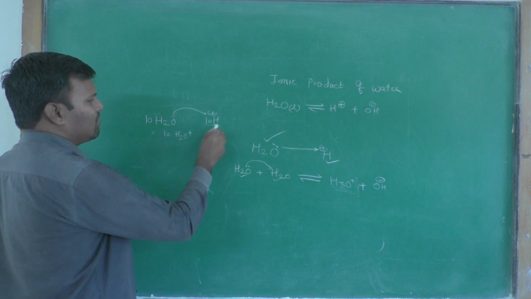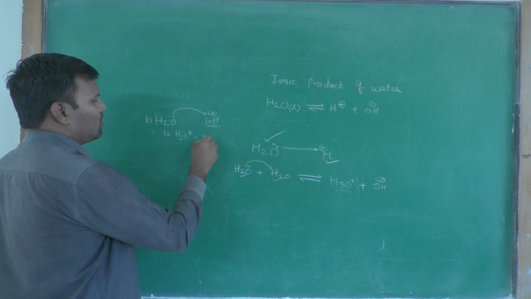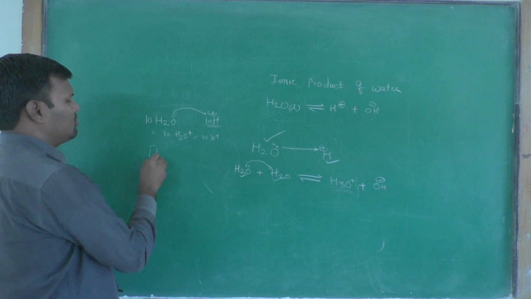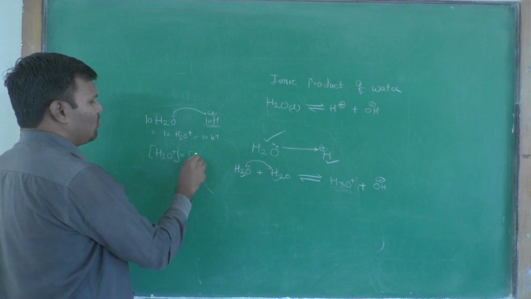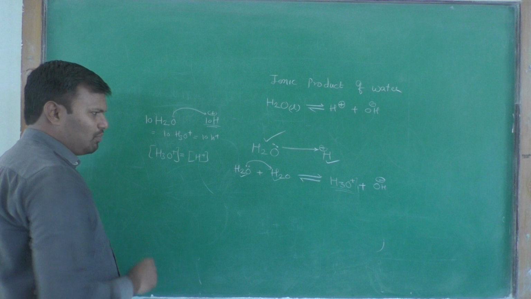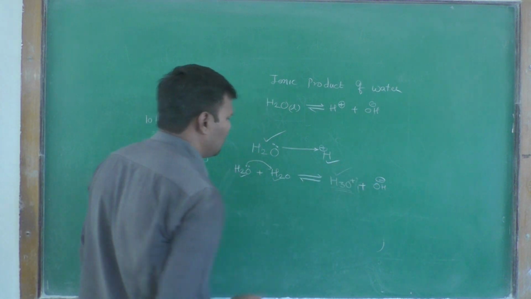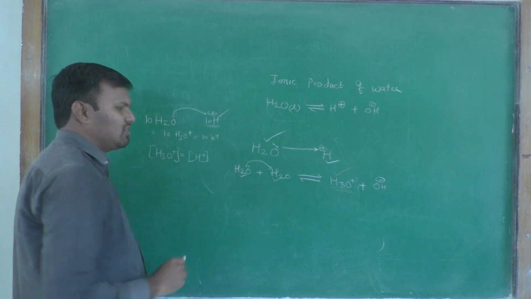It is nothing but the concentration of H plus. Therefore, the concentration of H3O plus is nothing but the concentration of H plus. The number of H3O plus is produced by the number of H plus ions.